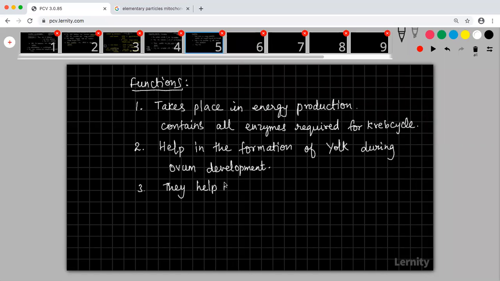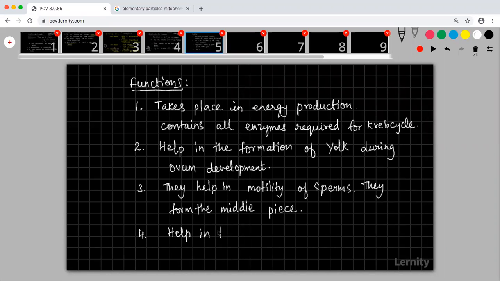They help in motility of sperms. They form the middle piece. Elongation of fatty acids.